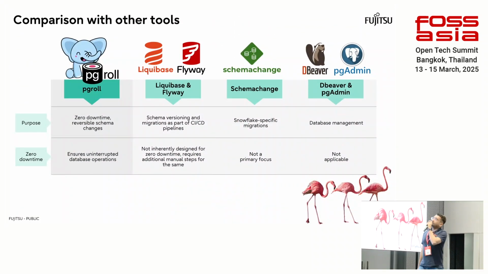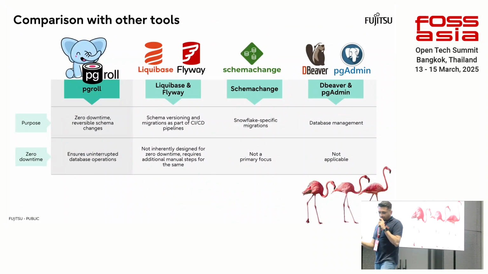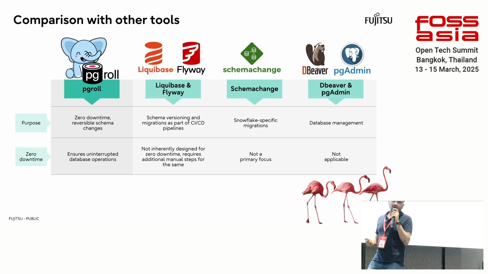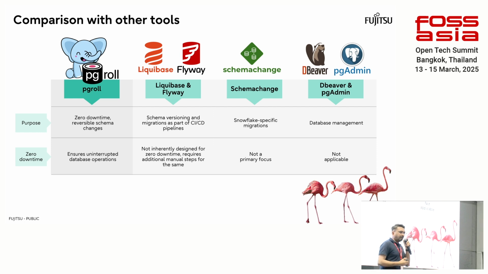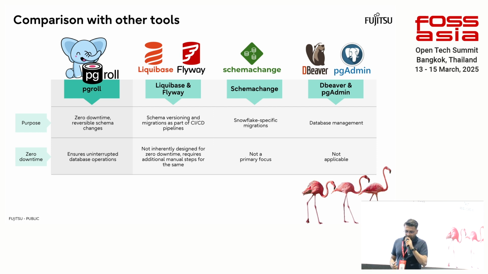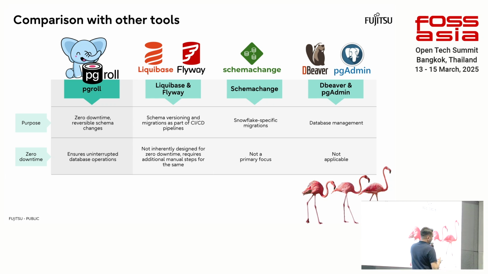Okay, so now the comparison with the other tools. As I walked you through, pgroll offers a lot of features, like allowing all the schema changes without downtime, as well as backfilling data capability and instant rollback capabilities. These features make pgroll one of the shining stars compared with the other tools.